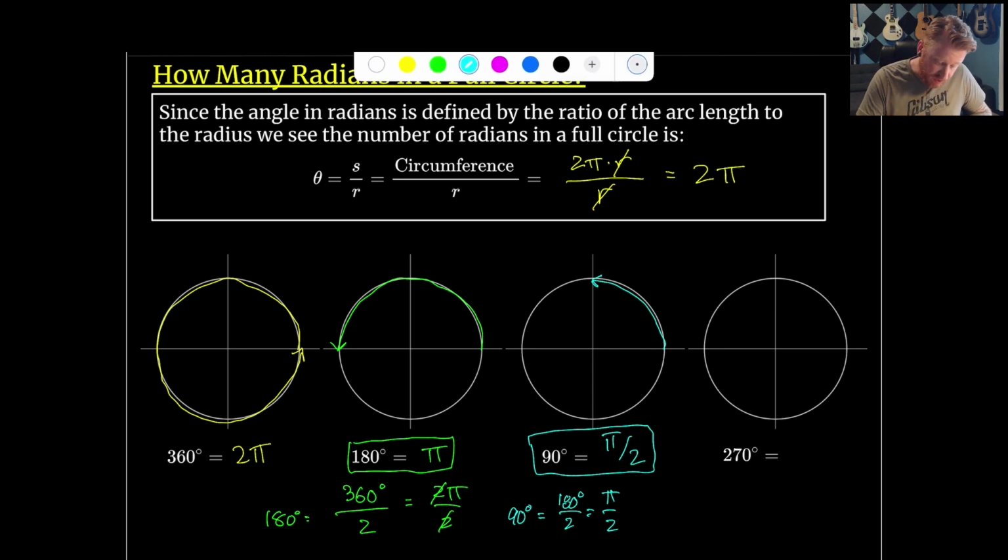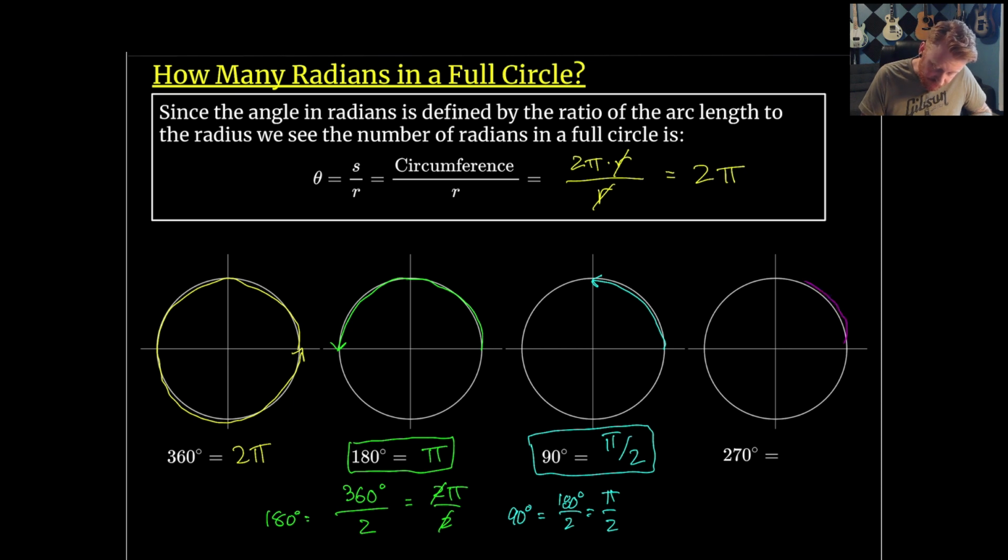And then we could also look at maybe the forgotten one here, but if we go 3/4 of the way around, this is the same as 270 degrees, which is, if we think about it, 1 pi over 2, 2 pi over 2, 3 pi over 2. I'm just counting pi over 2s. Now that I know 90 degrees is pi over 2, there are 3 pi over 2s to get there.